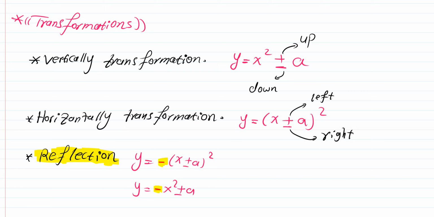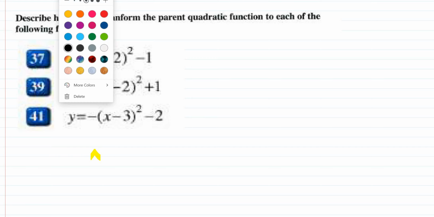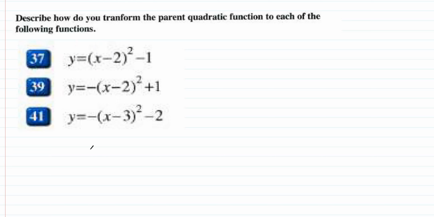Right now we will take some examples. Okay, students, let's check the questions saying describe how you transform the parent quadratic function to each of the following functions. About 37, I have y equals x minus 2 squared minus 1. The parent quadratic function, students, let me graph it here for you. Look, the parent was at the origin, a U shape here.